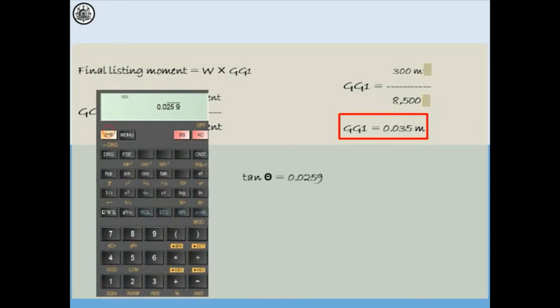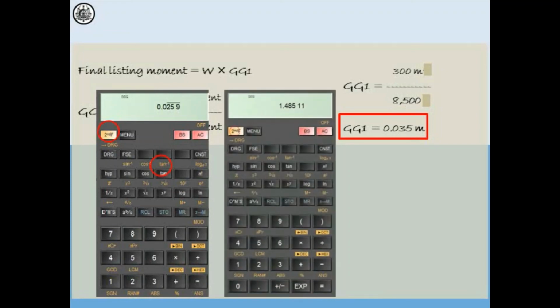Press second function, press tangent, press second function, press degrees, minutes, seconds.